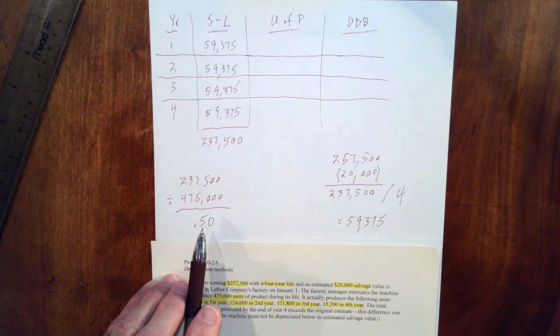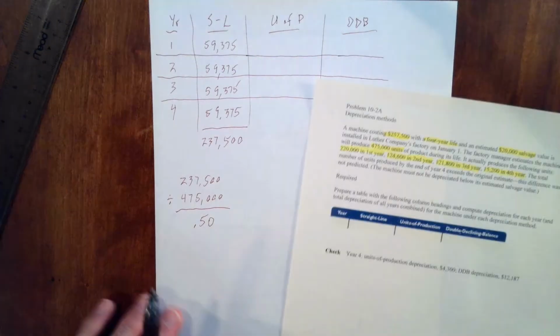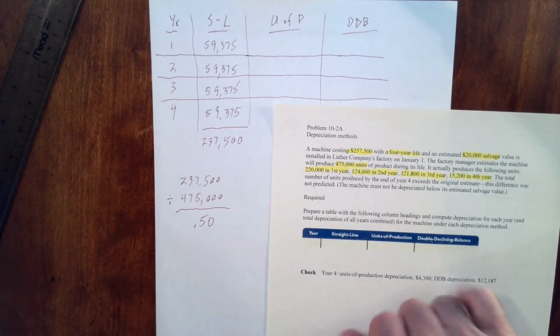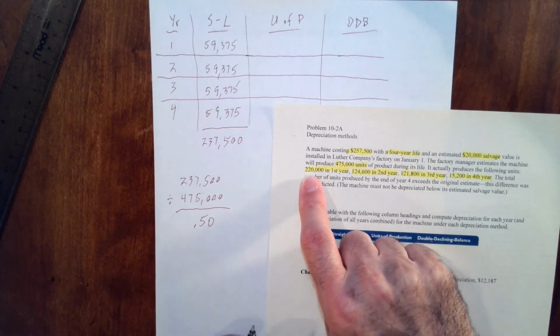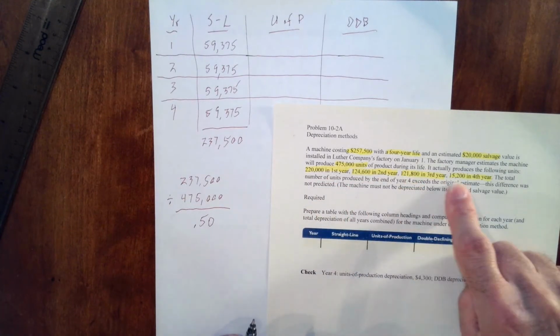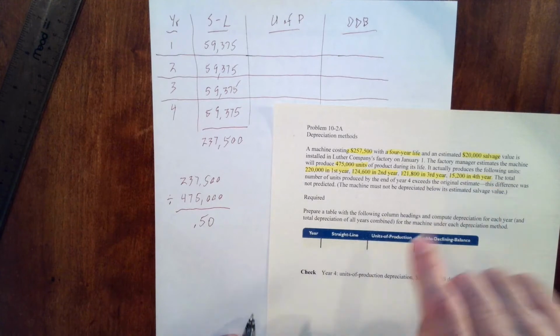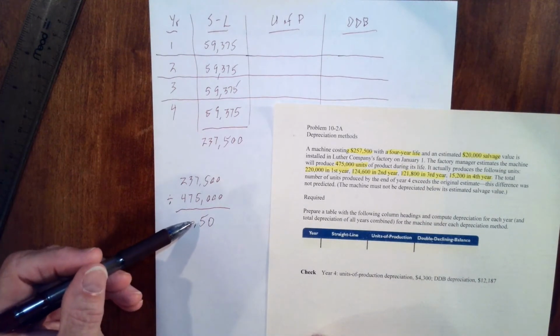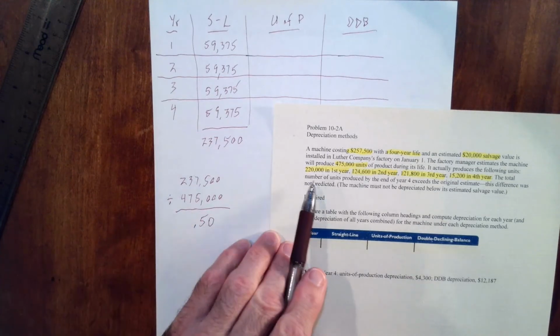Okay? And this is where we get into the next part, because it says here what actually was produced was 220,000 the first year, 124.6 the second year, 121.8 and 15.2 for the third and fourth year. So I'm going to take those units of production and multiply that by 50 cents per unit.